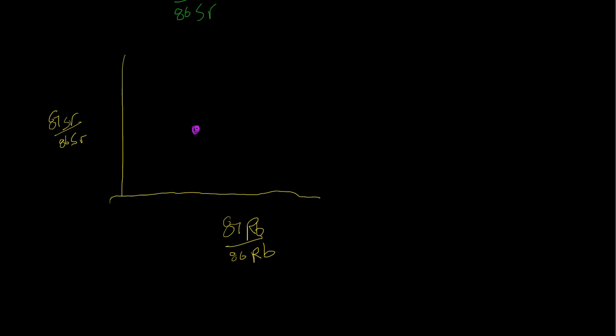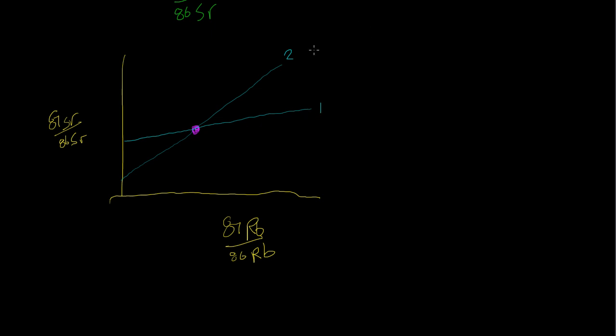Now, my problem with just that point is that I don't know what line this point is on. It might be on a line that looks like this, or it might be on a line that looks like this. So line 2 has a steeper slope than line 1.